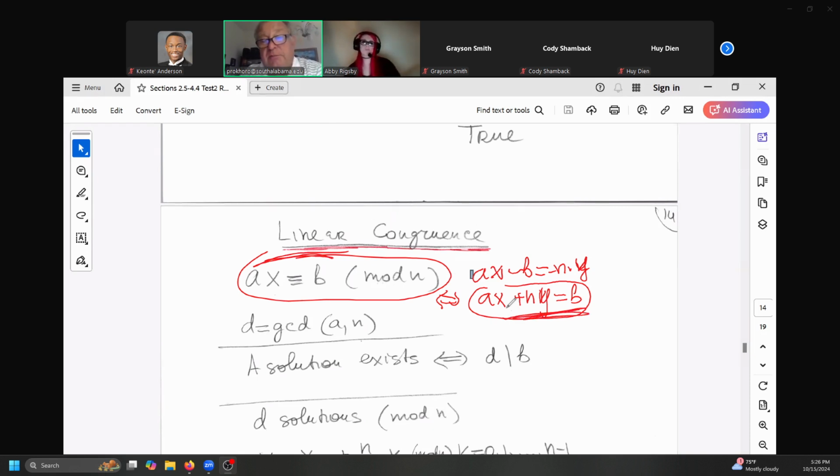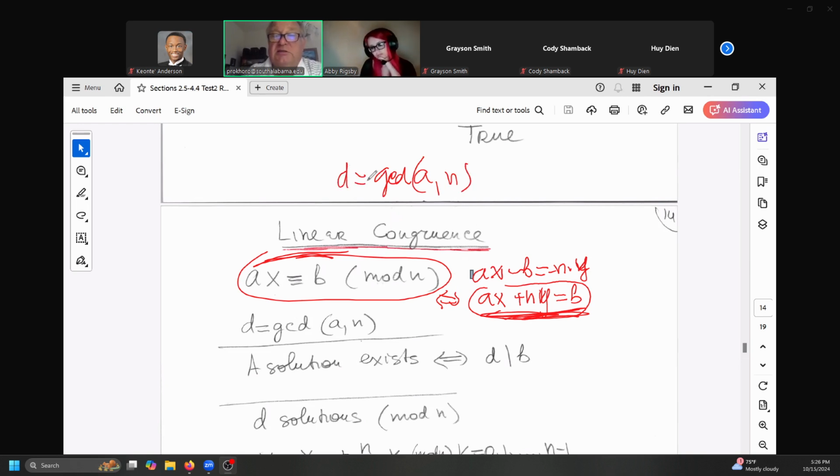To write this solution, first of all, we need to check the existence of the solution. And we did it at the beginning of this session. We need to find the greatest common divisor of a, the coefficient for x, and n, the coefficient for y.